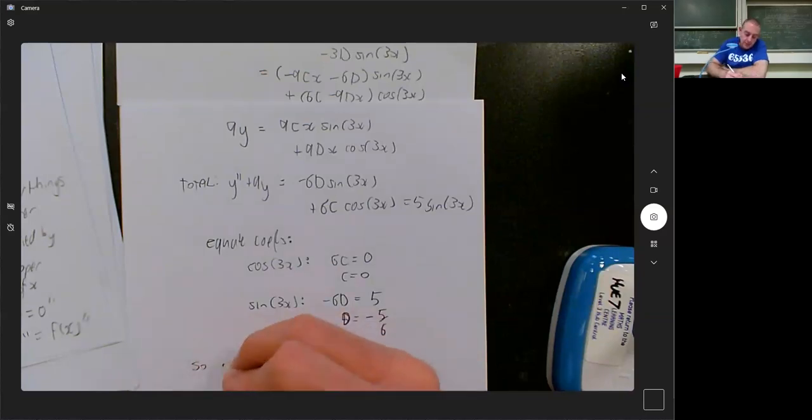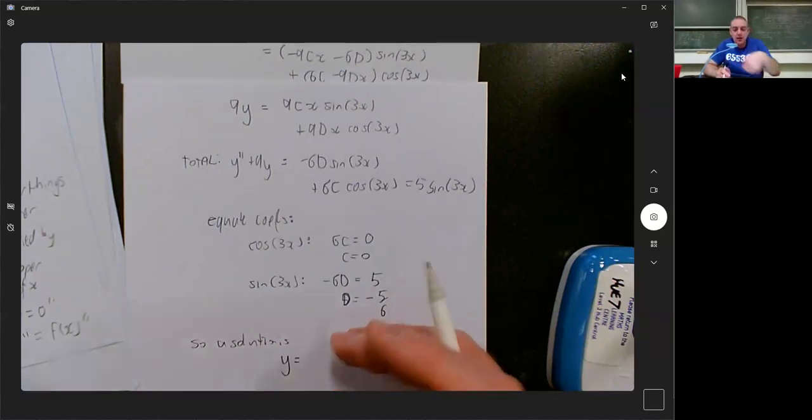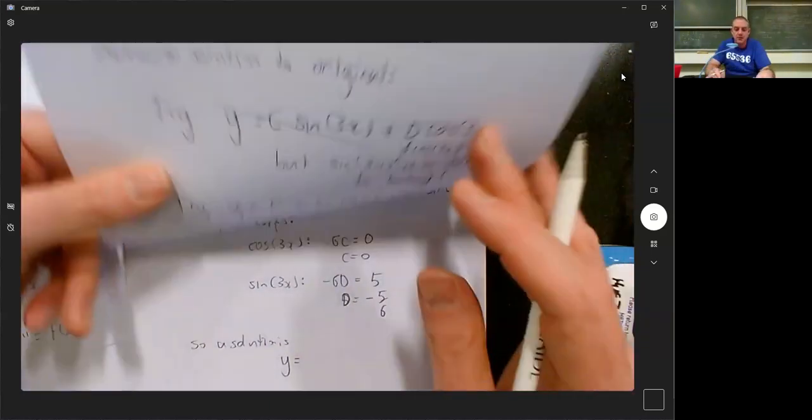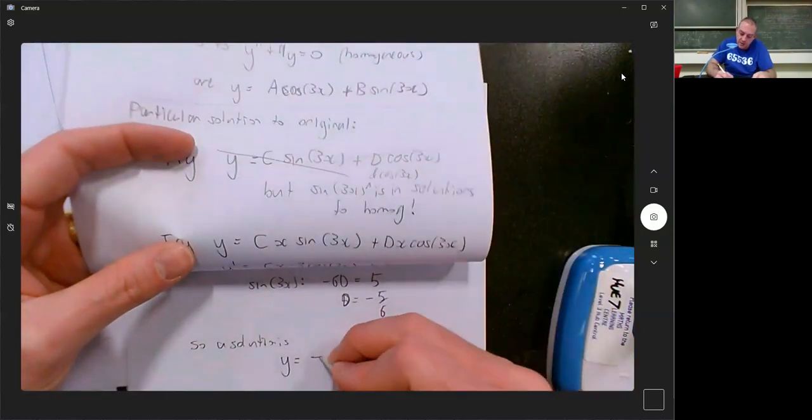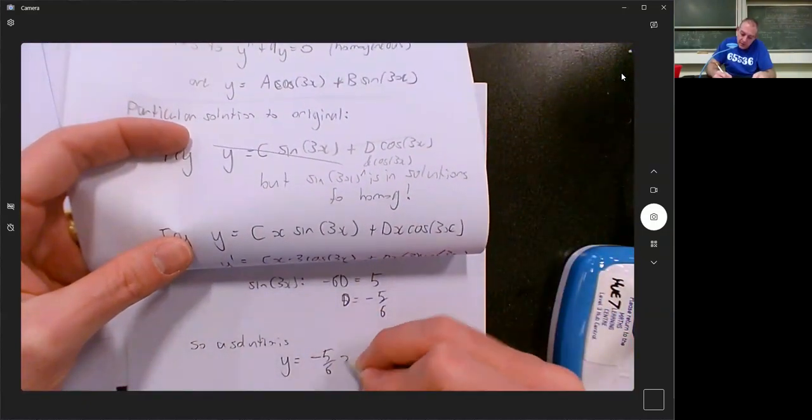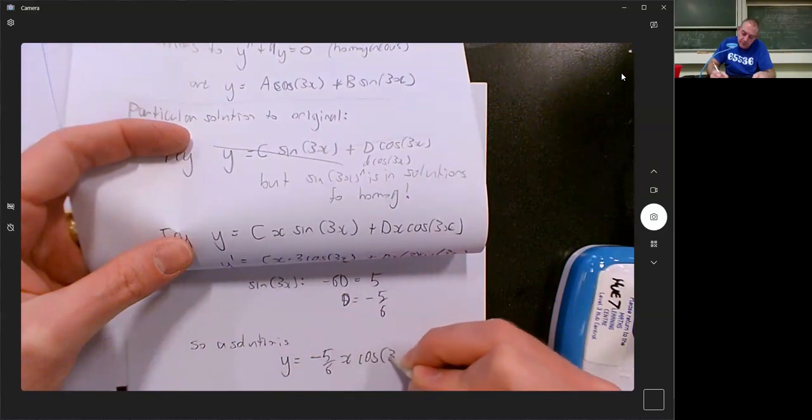And so a solution is y equals, now the c went with x sine of 3x back at the beginning here, and c was 0, and the d went with x cos of 3x.